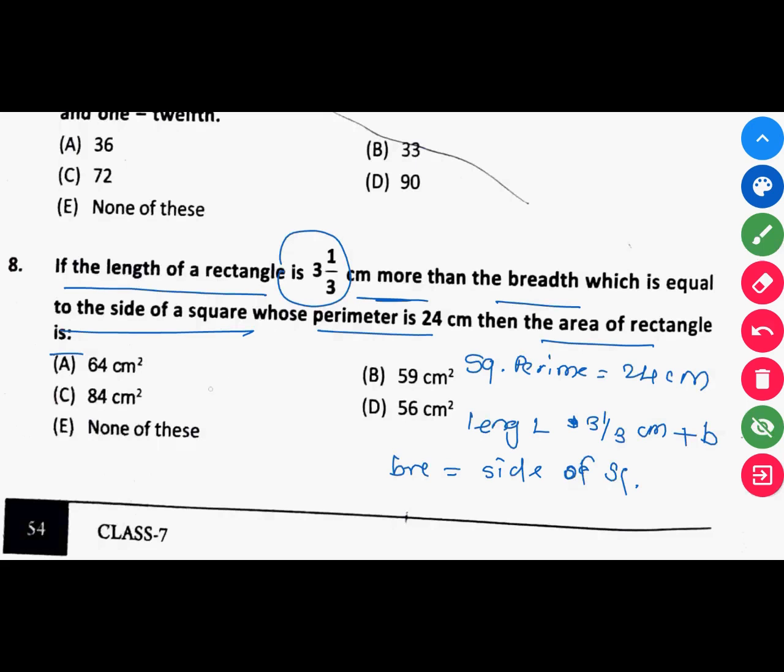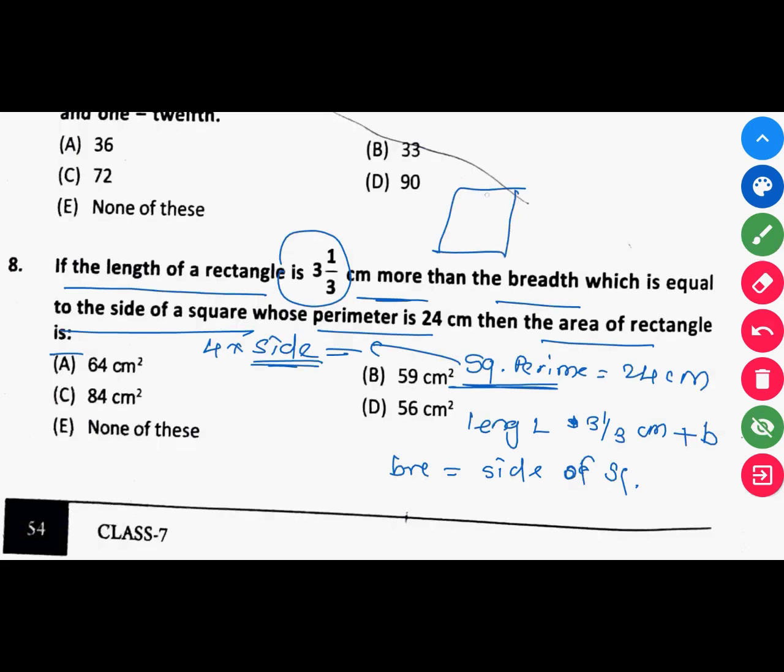Here we should know the formula for the perimeter of a square. Perimeter of square is equal to 4 into side. Whatever the length of one side is, if we multiply it by 4, we get the perimeter of the square.